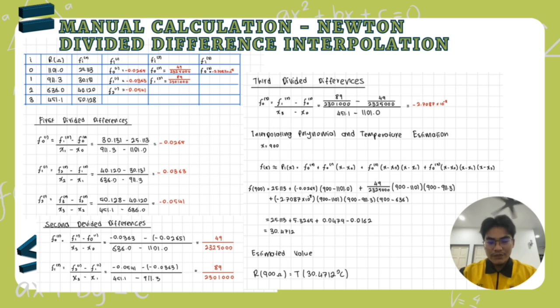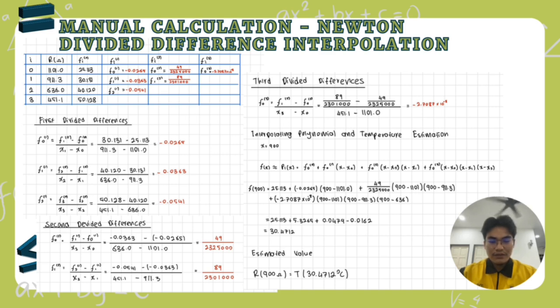We repeat this for the other intervals to get minus 0.0363 and minus 0.0541.